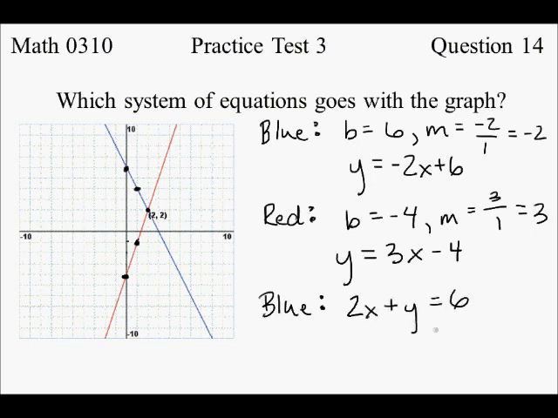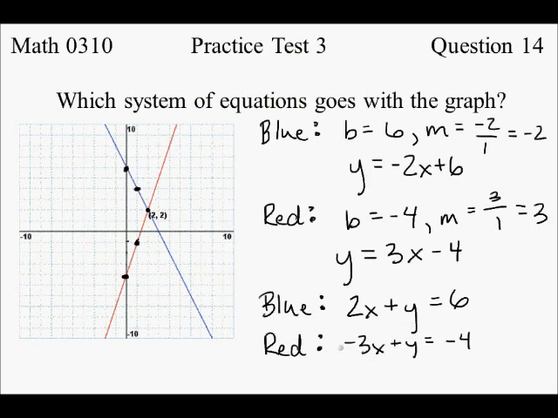And then if we wanted to convert the red equation to standard form, here we have y equals 3x minus 4. We would need to get our x over to the other side, so we would need to subtract 3x from both sides. That would give us negative 3x plus y equals negative 4. Except now we want to be careful here.